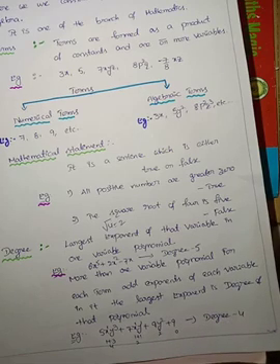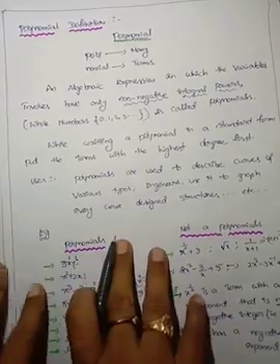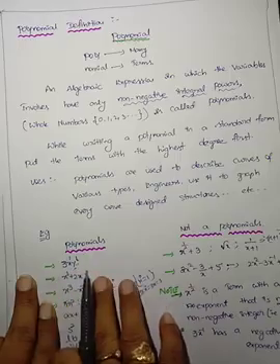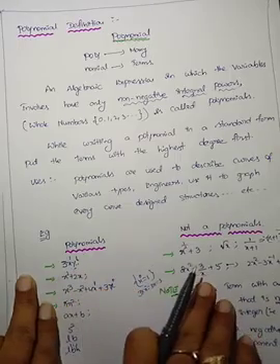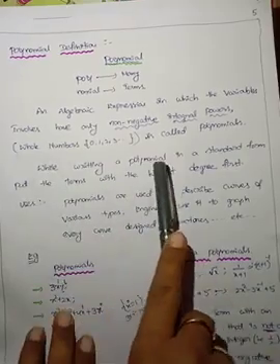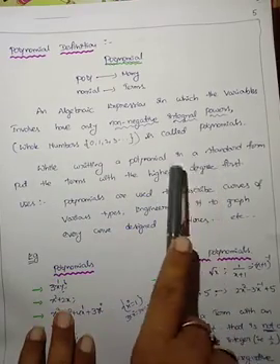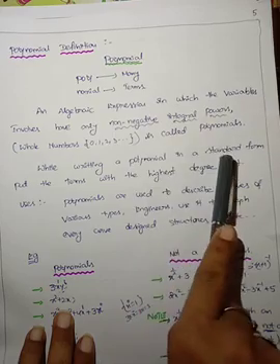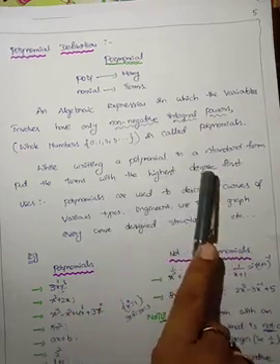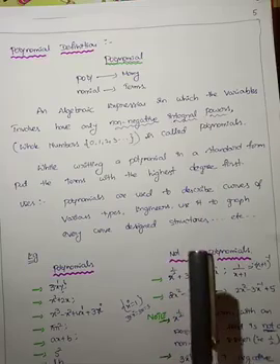Okay students, we already know about the polynomial definition. I already gave some examples of polynomials and some examples of not a polynomial. While writing a polynomial in standard form, we put the terms with the highest degree first.